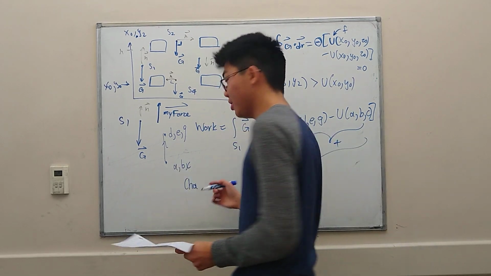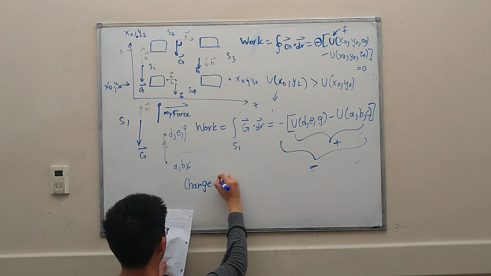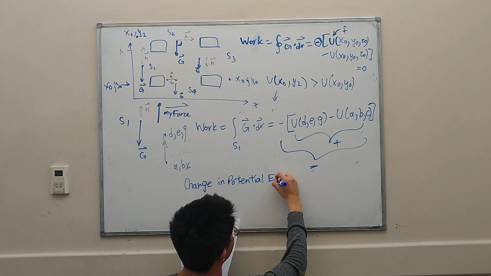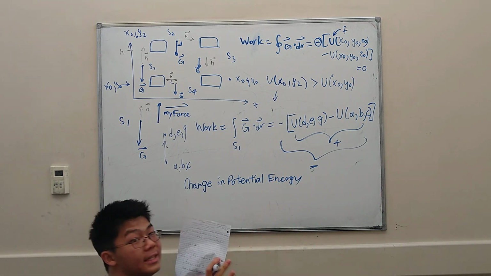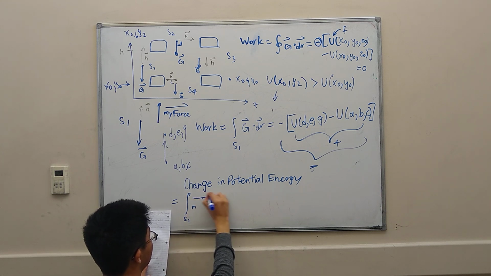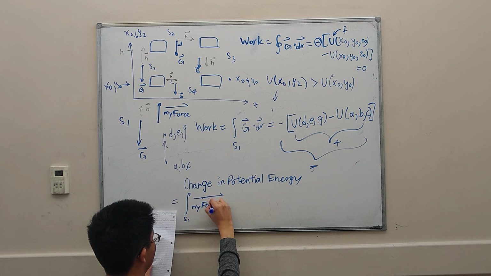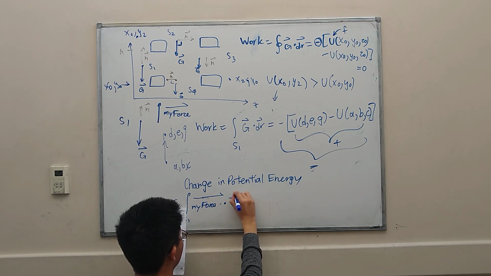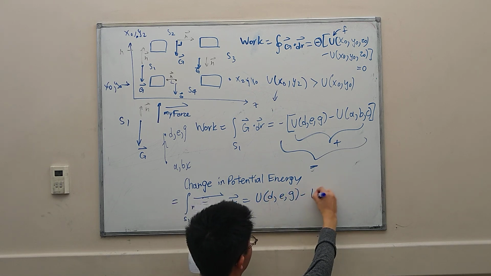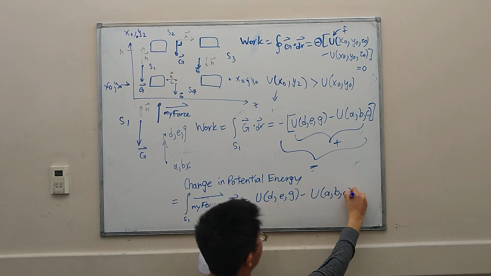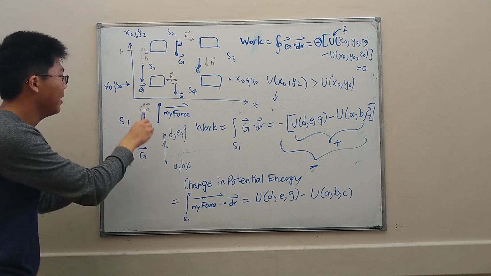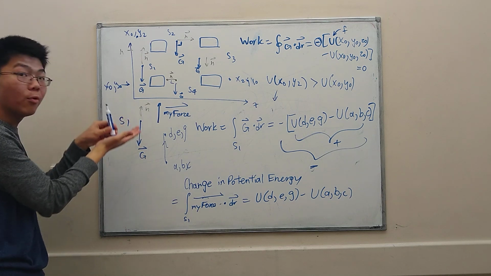If we talk about a change in the potential energy instead, this is actually going to be equal to the line integral of my force, the force I supply going upward.